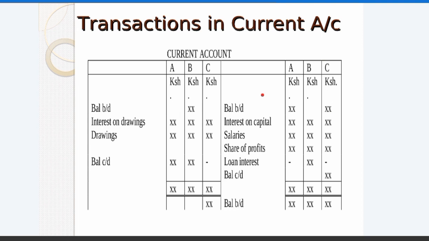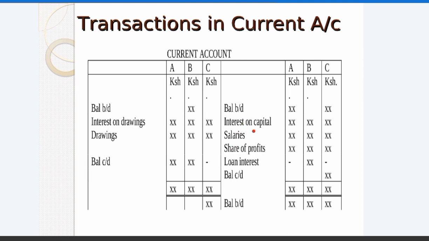So what will then increase the current balances of the partners and what will reduce the balances of the partners? So what are those that will increase the balances of the partners? We have four items that will increase the balance of the partners.